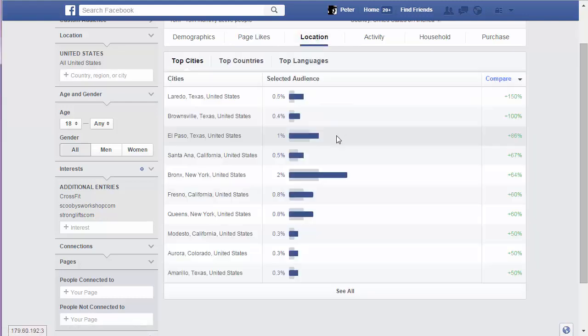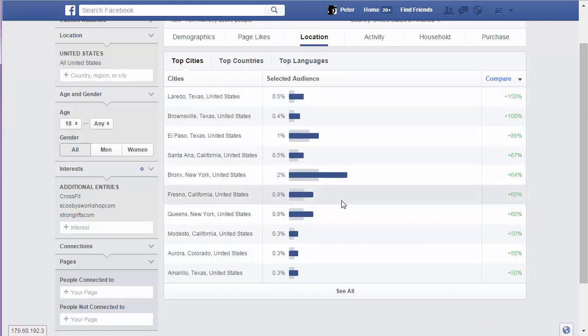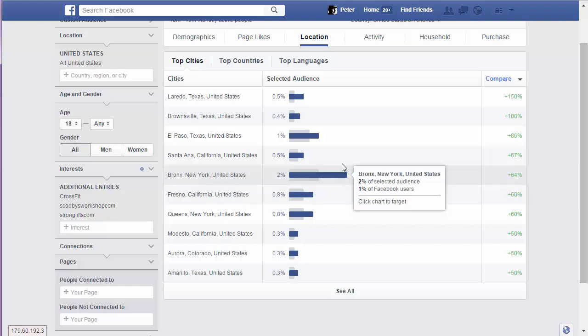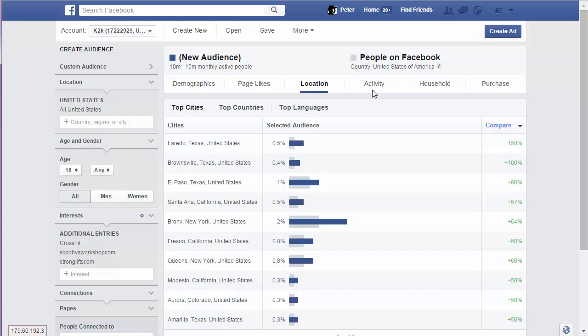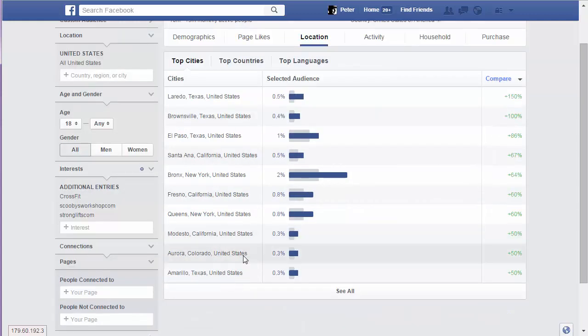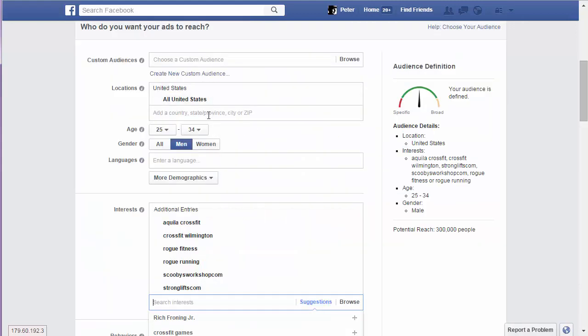Let's just check the other tabs just for interest. So most of this is US based. Apparently quite a lot in New York, which is interesting. So we could possibly just target that region and just see if that brings our figure down.